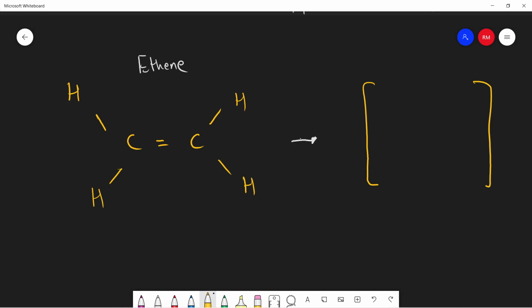So the first one to consider is the simplest: ethene. And you're probably quite comfortable doing this one yourselves. It's obviously going to be written as so.